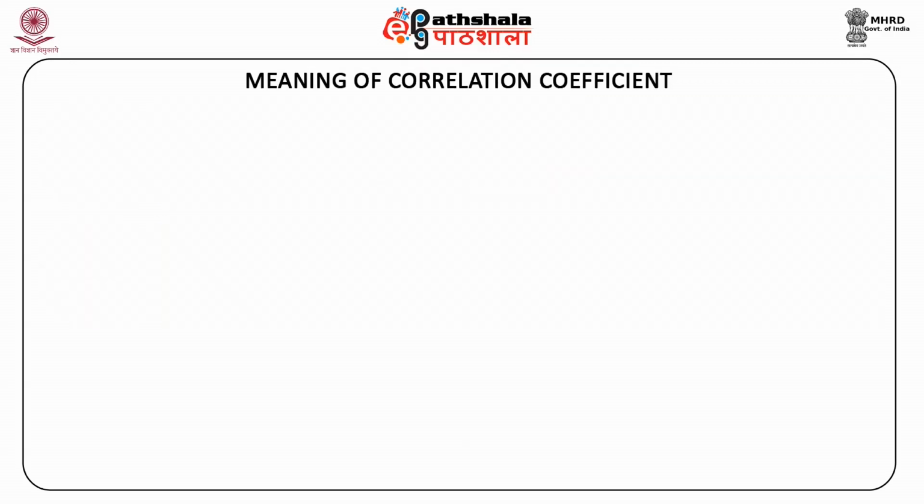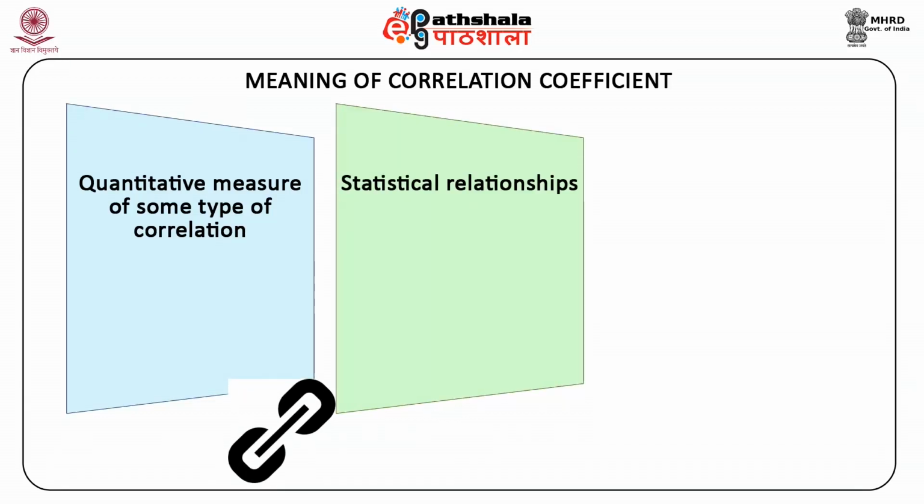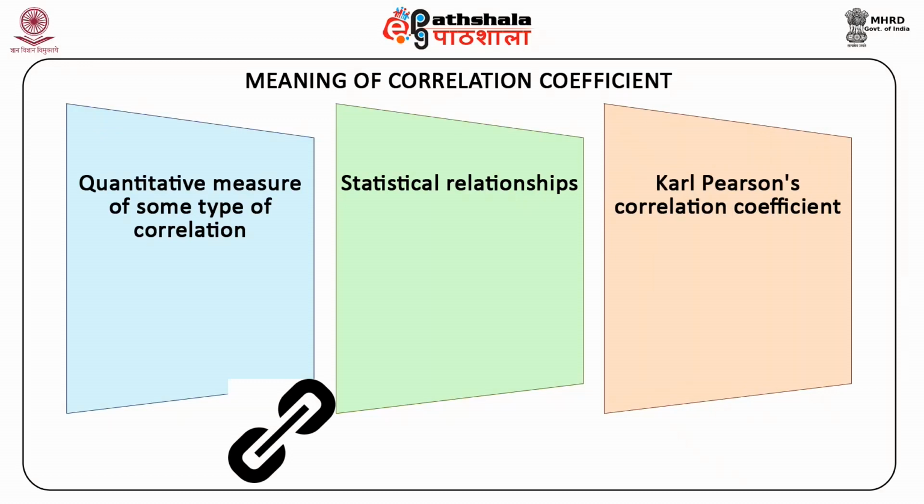Let us understand the meaning of correlation coefficient. A correlation coefficient is a coefficient that illustrates a quantitative measure of some type of correlation and dependence, meaning statistical relationship between two or more random variables or observed data values. One of the most important methods for calculating correlation coefficient is Karl Pearson's correlation coefficient.